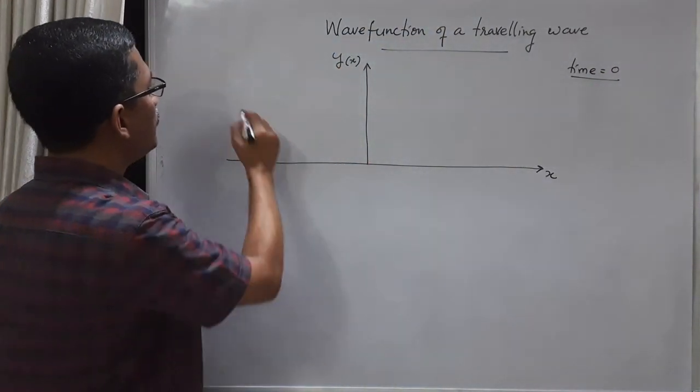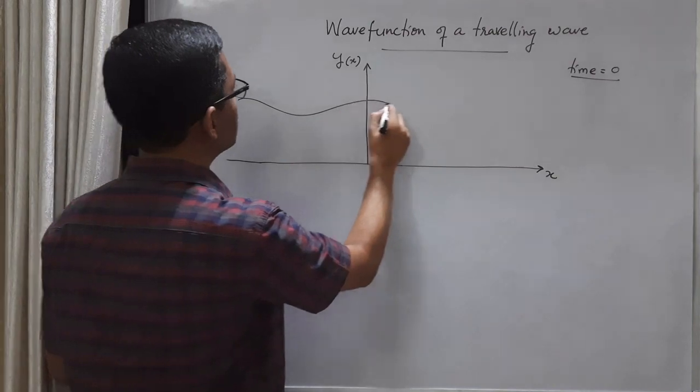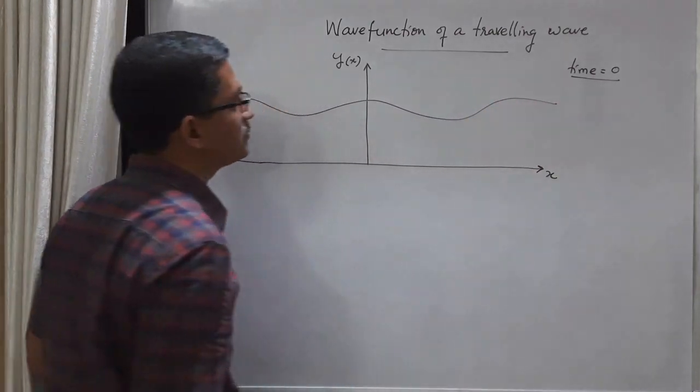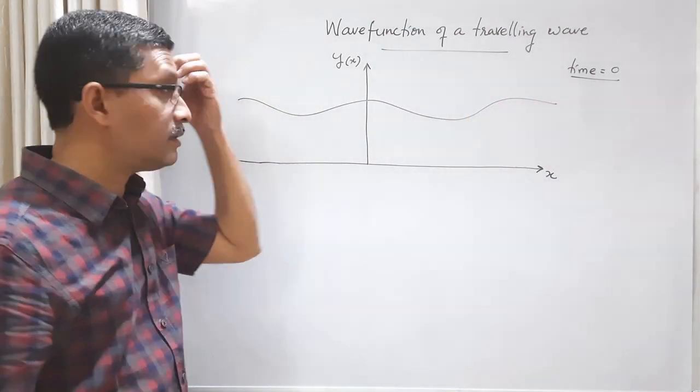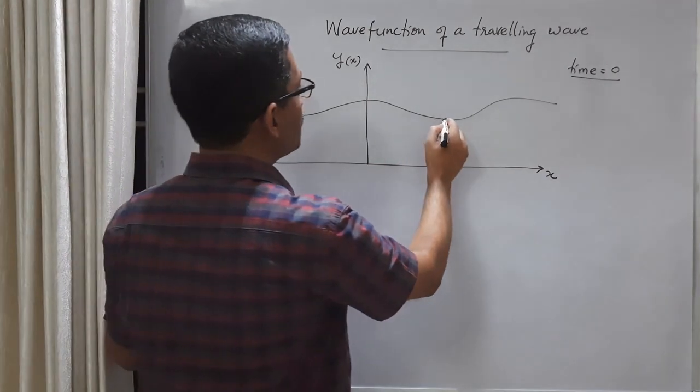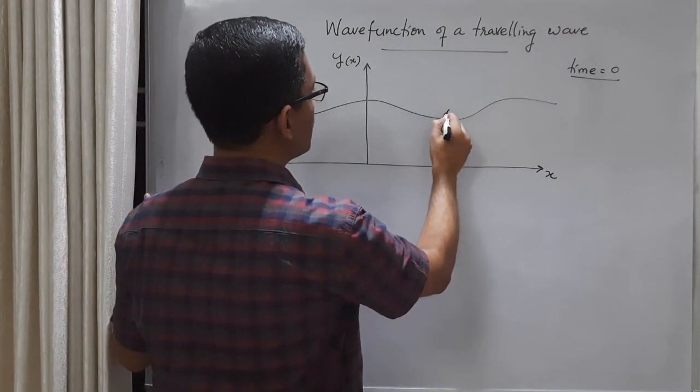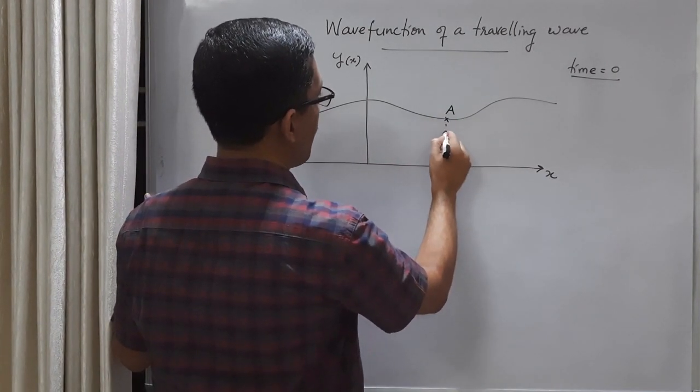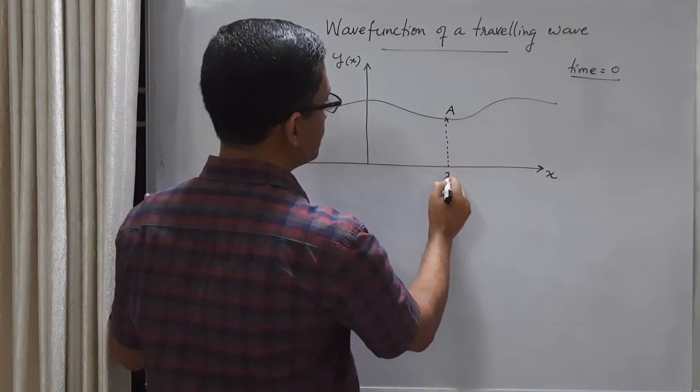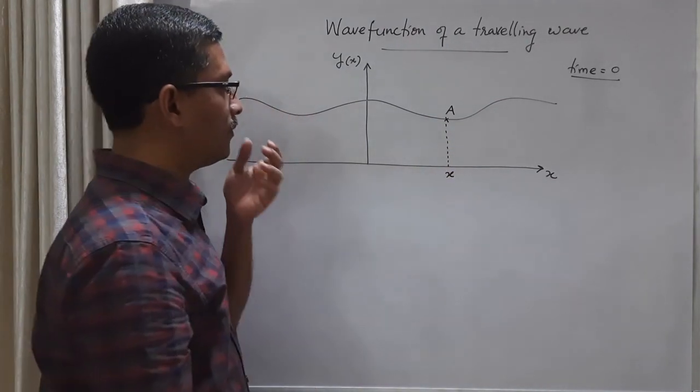Suppose our wave is something like this, goes like this, right? Now consider a point somewhere here, let us call it point A, at the point x.